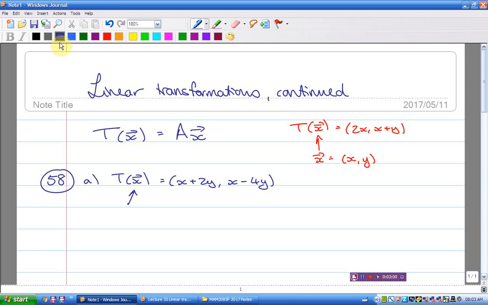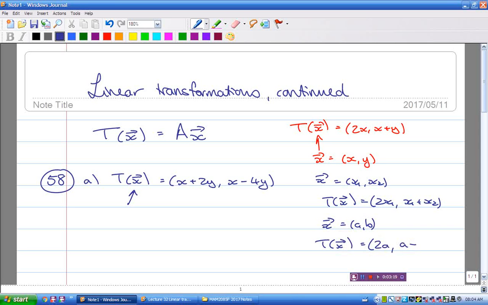So if I had chosen to call x x1, x2, then T of x would have been 2x1, x1 plus x2. And if I had chosen to call x a, b, then T of x would be 2a, a plus b.